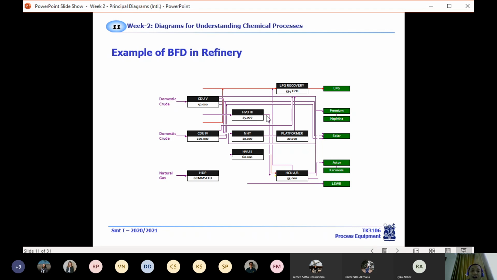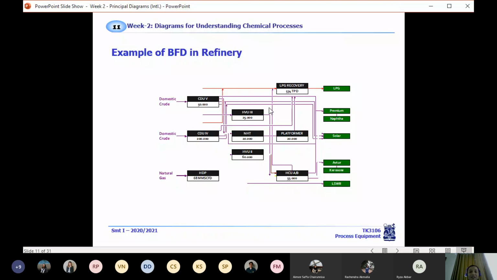HVU means the high vacuum unit. And then the LPG, liquefied petroleum gas, and then the platformer, HCU, HVU, high vacuum unit.